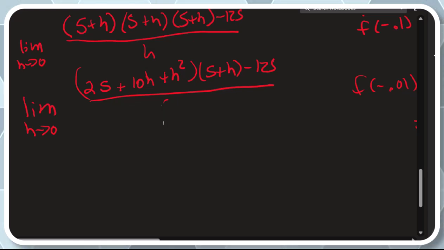Okay, now I need to multiply everything in the first parentheses times everything in the second parentheses.